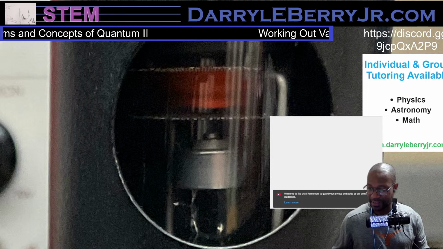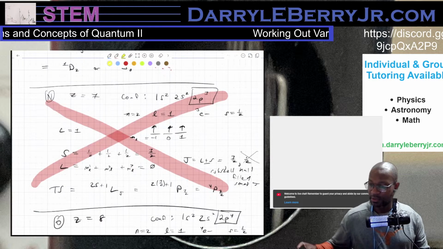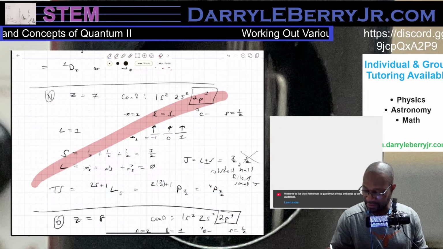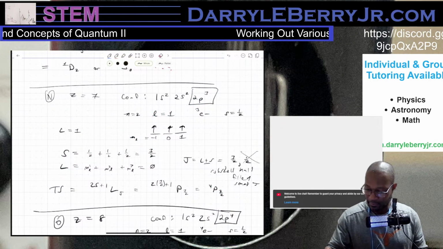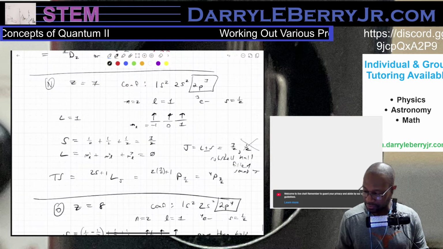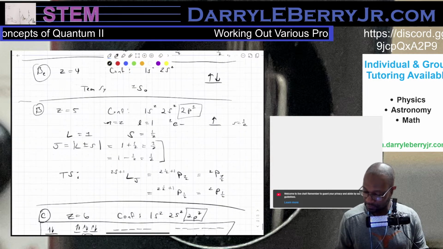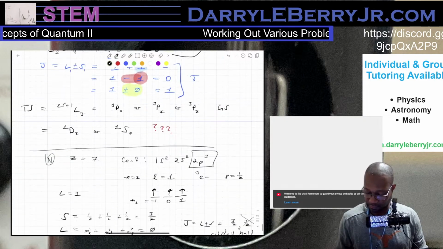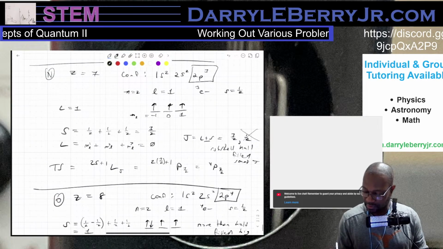I noticed that I was looking at this nitrogen one incorrectly because I was looking at the L calculation incorrectly. So when we're doing a term symbol here, this is the L total.